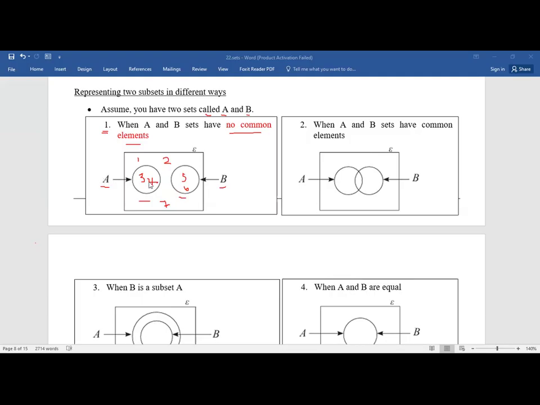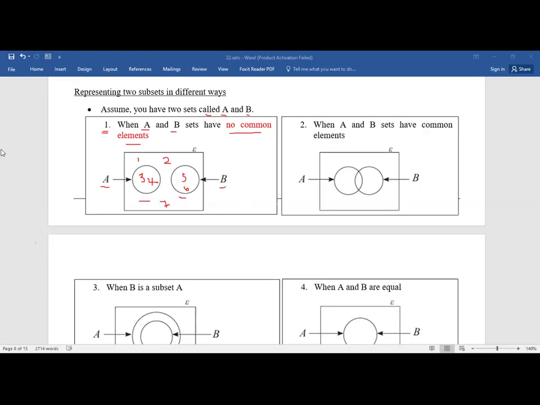For the set A, there are 3 and 4 only. For the set B, there are 5 and 6 only. So this is the way you represent two sets where no common elements are there. If you have no common elements, set A and set B are drawn separately like this.